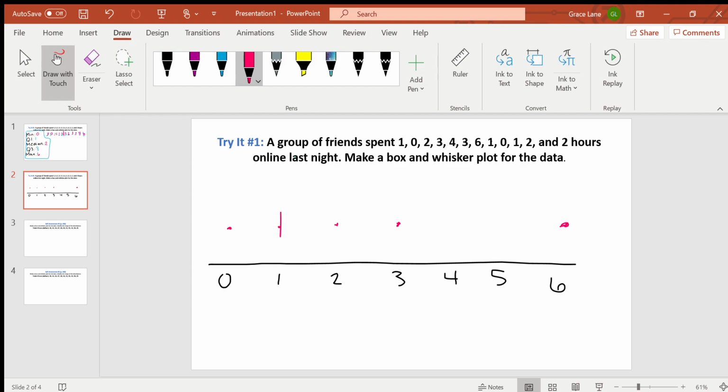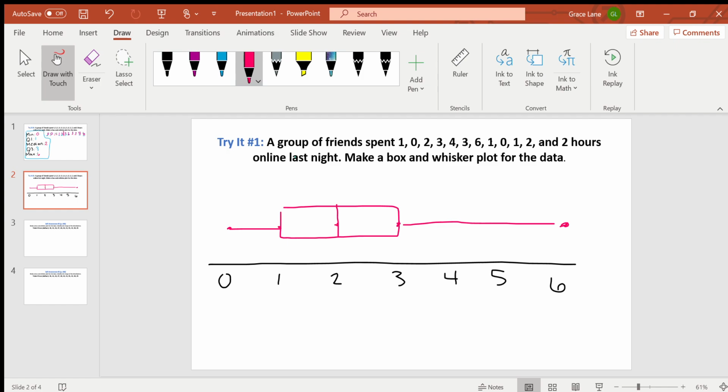So you draw a box around quartile 1 to quartile 3. The median is like the halfway point, so you draw a line there. And then the whiskers are showing you how spread out your data is, from the least to the greatest value. That's the box and whisker plot.